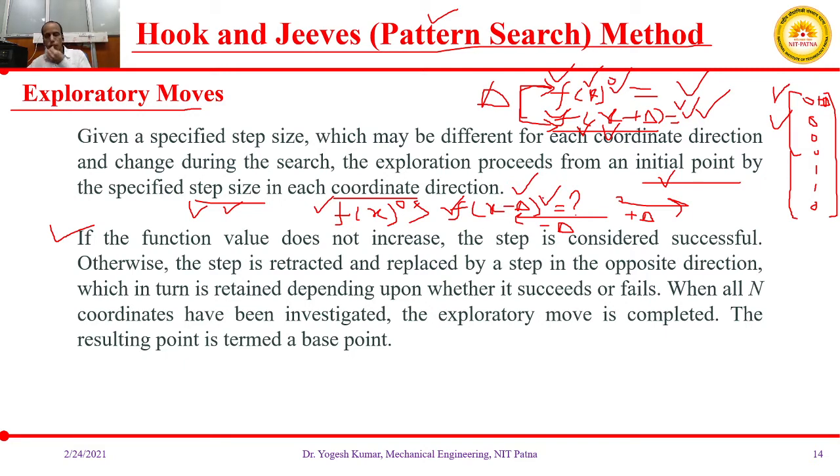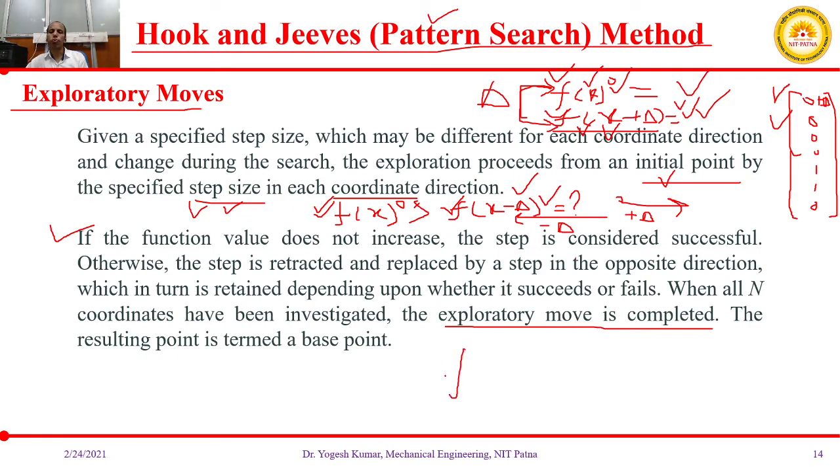Whichever side has the least value, that is less than your starting point, we will move in that particular direction, and we may say that this exploratory move is completed or is successful. Okay, so here you may find difficulty that there might be situations when you are not able to find a minimum value on either side.